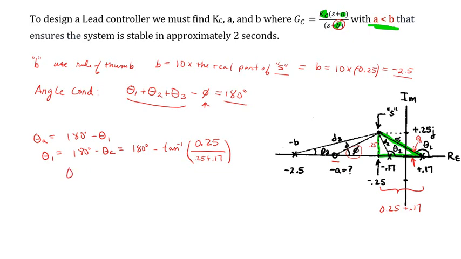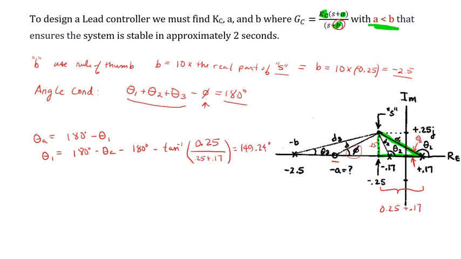So theta 1, when I calculate that through, I'm not going to do all that work here, but I've got the value. That's going to be equal to 149.24 degrees.